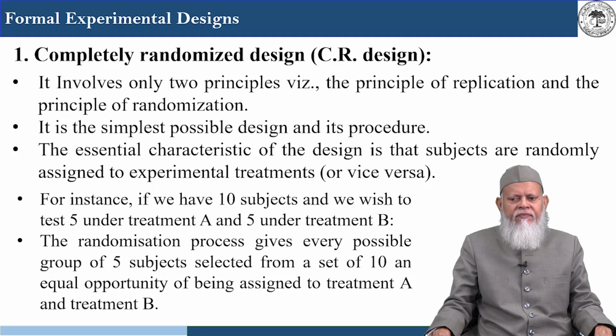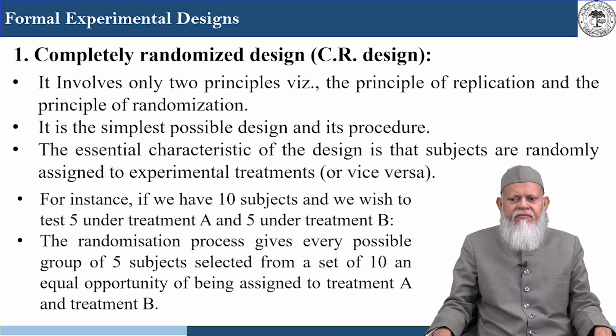So, for example, if we have 10 subjects and we wish to test 5 under treatment A and 5 under treatment B, the randomization process gives every possible group of 5 subjects selected from a set of 10 an equal opportunity of being assigned to treatment A and treatment B. That is what is special about CR design.